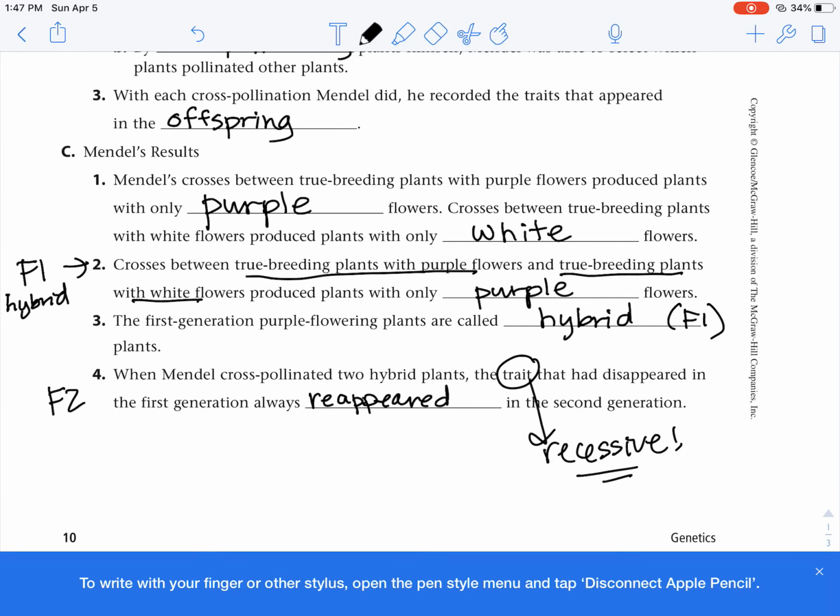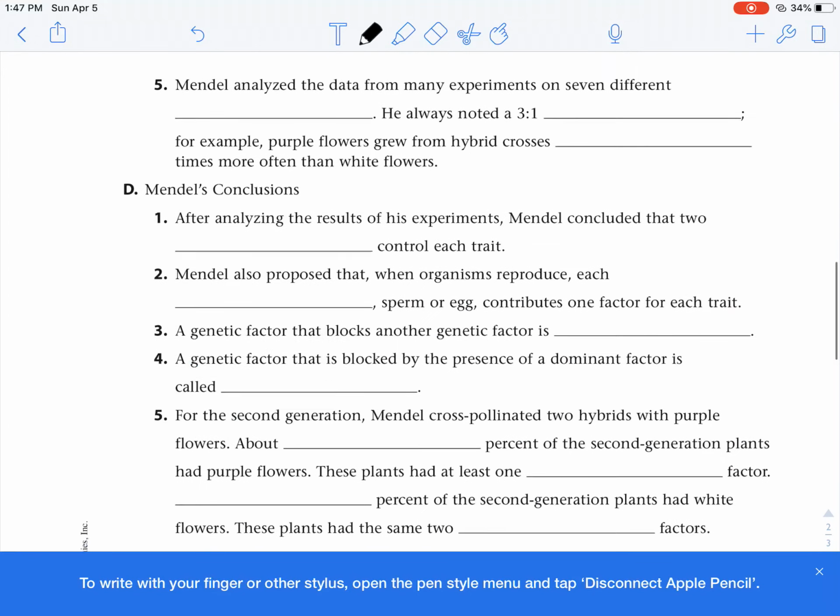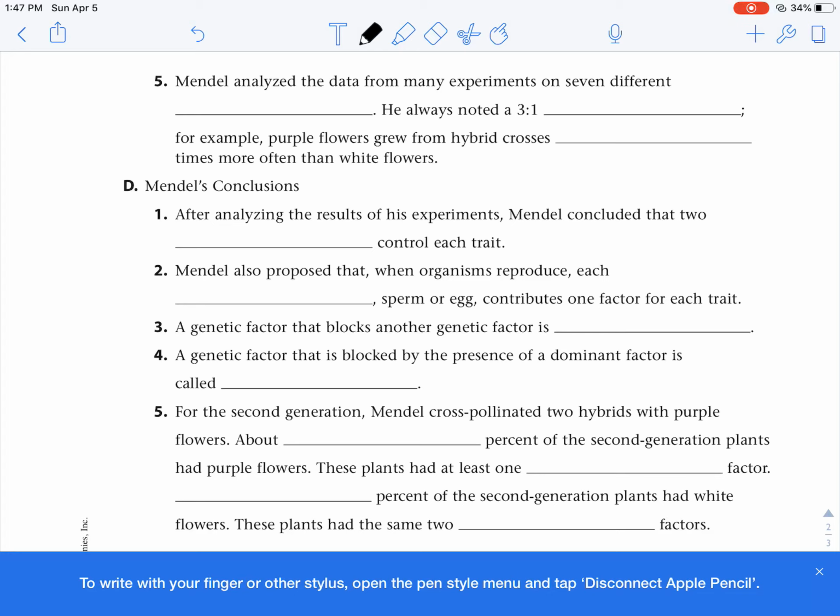All right. Let's go on to number 5. Mendel analyzed the data from many experiments on several different traits. He also noted a 3-to-1 ratio. We talked about ratios when we looked at that in the book.